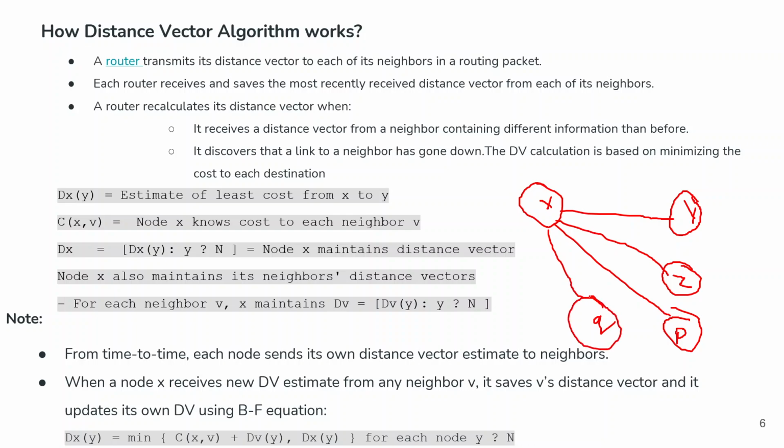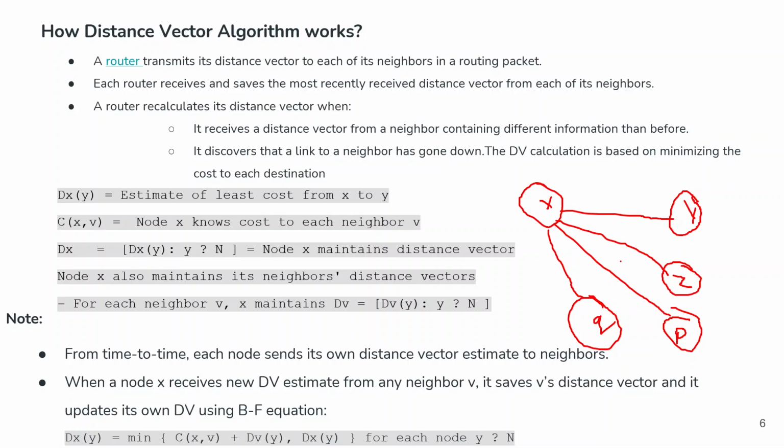Now Dx is equal to [dx(y): y in N], which means node x maintains its distance vector, and node x also maintains its neighbors' distance vectors. For each neighbor v, x maintains Dv equal to [dv(y): y in N], that is, if there is a path from v to y.